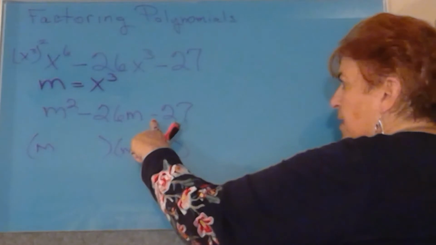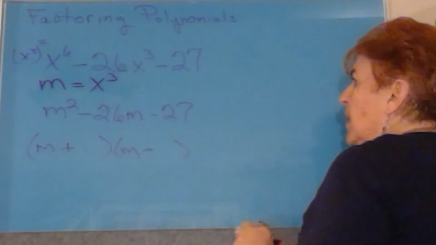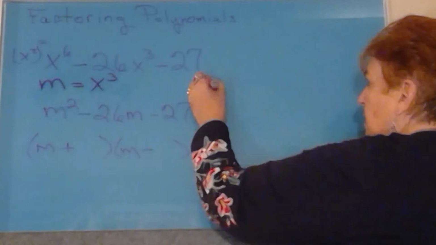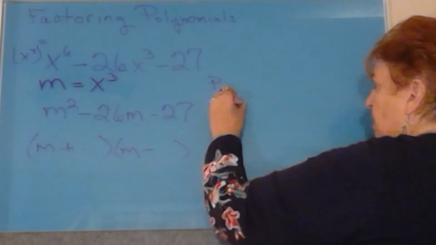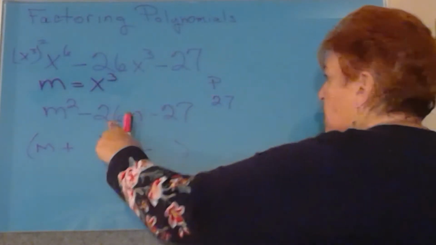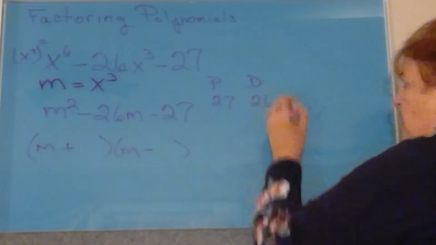This tells me my signs are different. So I'm going to put a plus there and a minus there. I need a product of 1 times 27, which is 27. And that tells me I need a difference of 26.